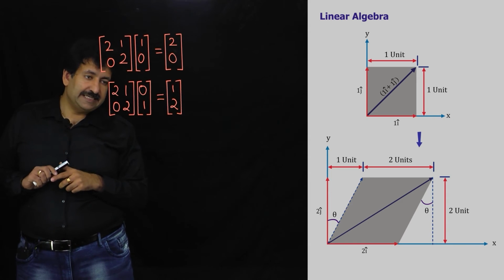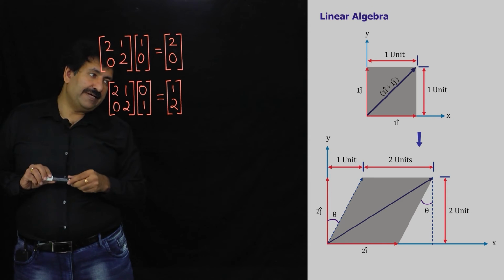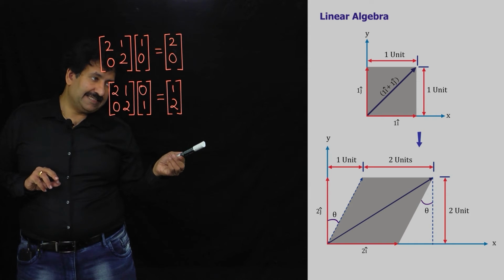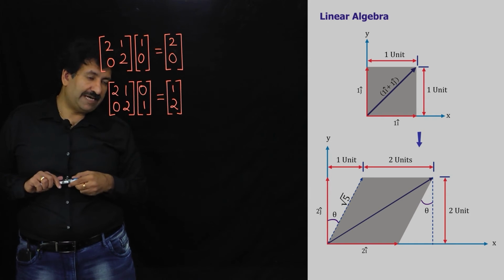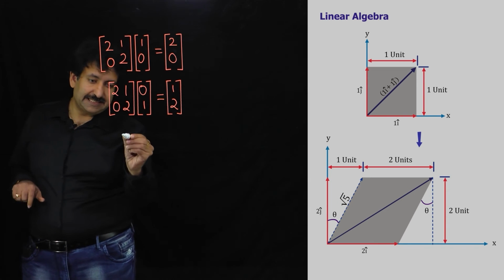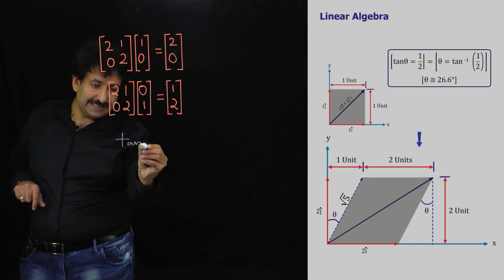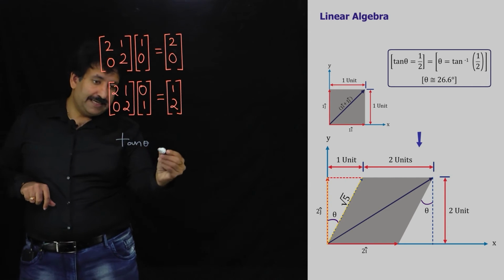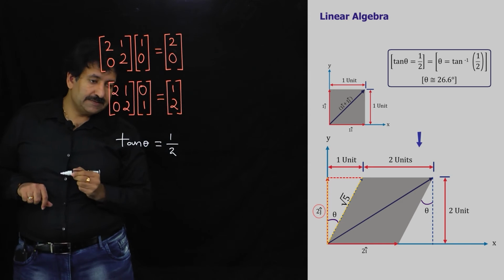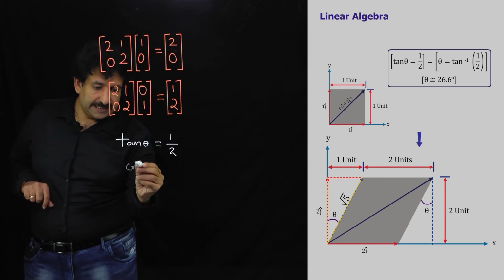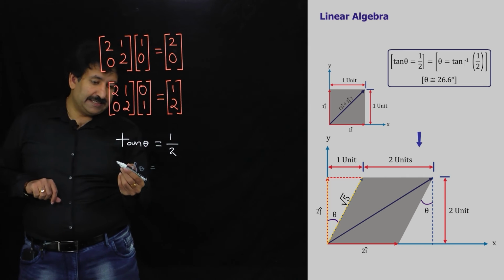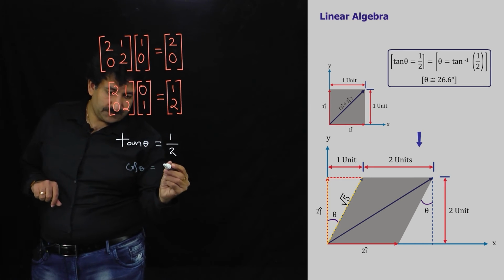And how would you find the angle? It is very simple. You can see that the total magnitude of the vector has now become root 5, or you can also use this particular definition, that is tan theta is nothing but its x component divided by y component, or if you want to express in terms of cos theta or sin theta, you can in fact express as follows.